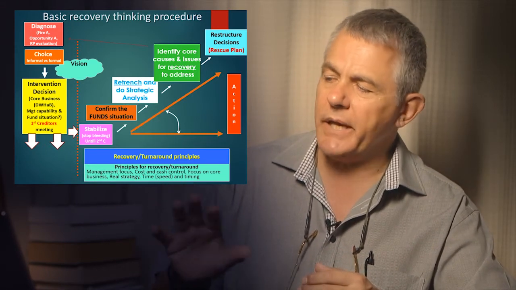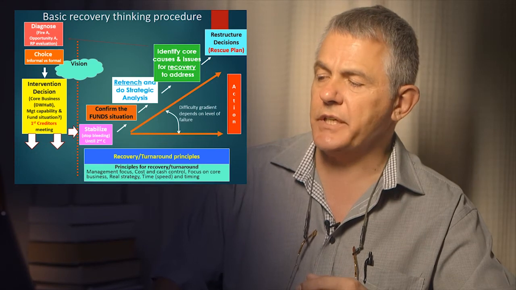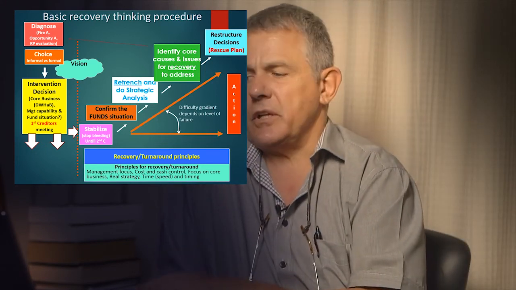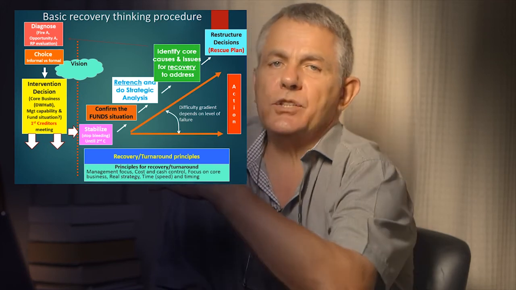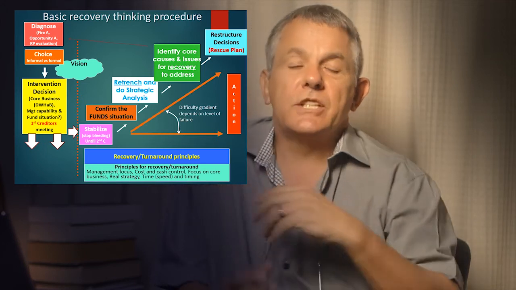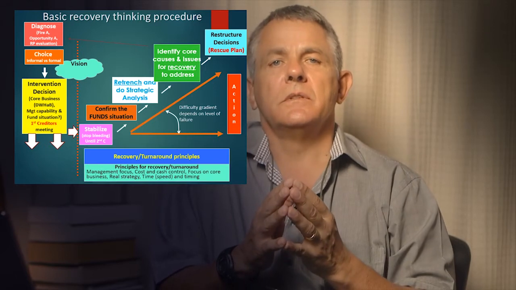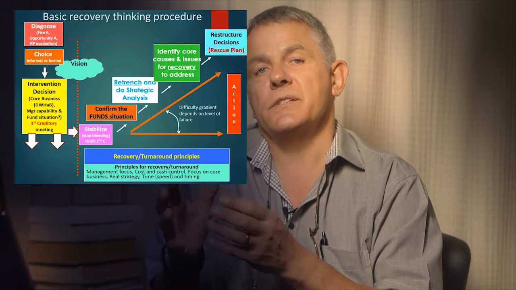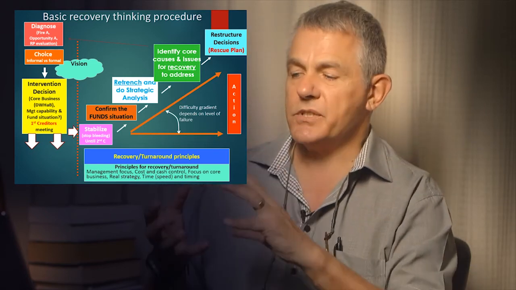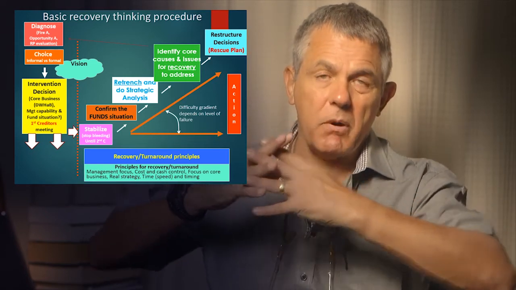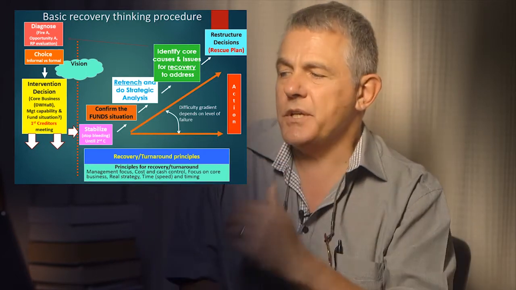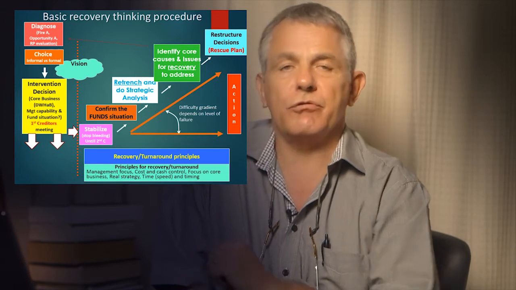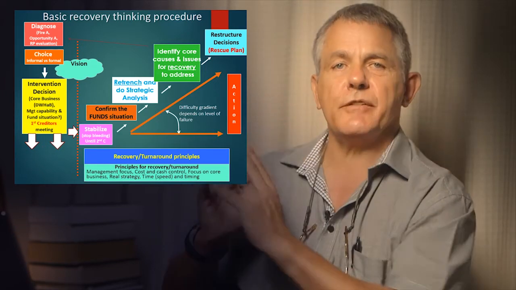And they will manifest, as you will see there, depending on the difficulty of the turnaround. If that line is more steep, it's a more difficult turnaround. And the chances of success might be less. So those principles will manifest and combine differently for each and individual one, which will then determine the actions that you follow.